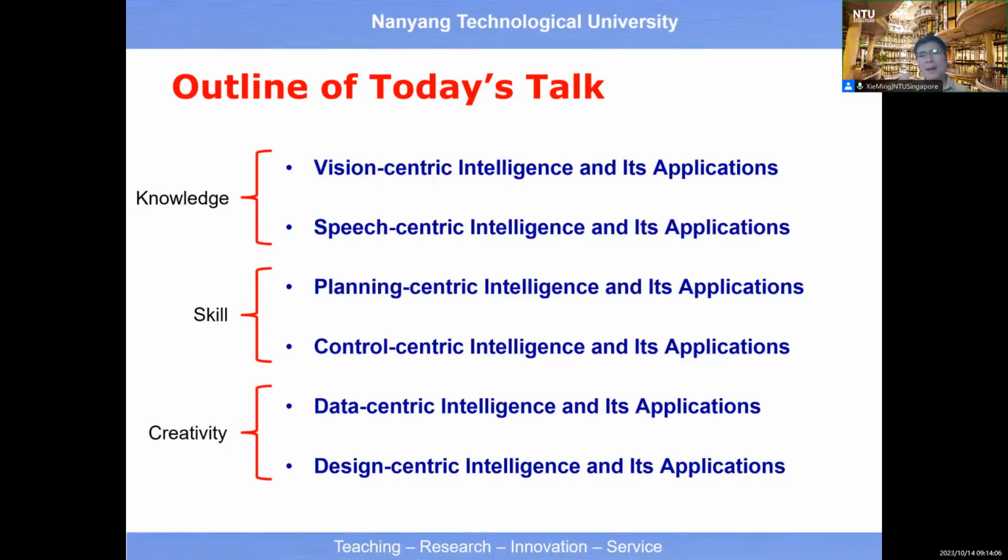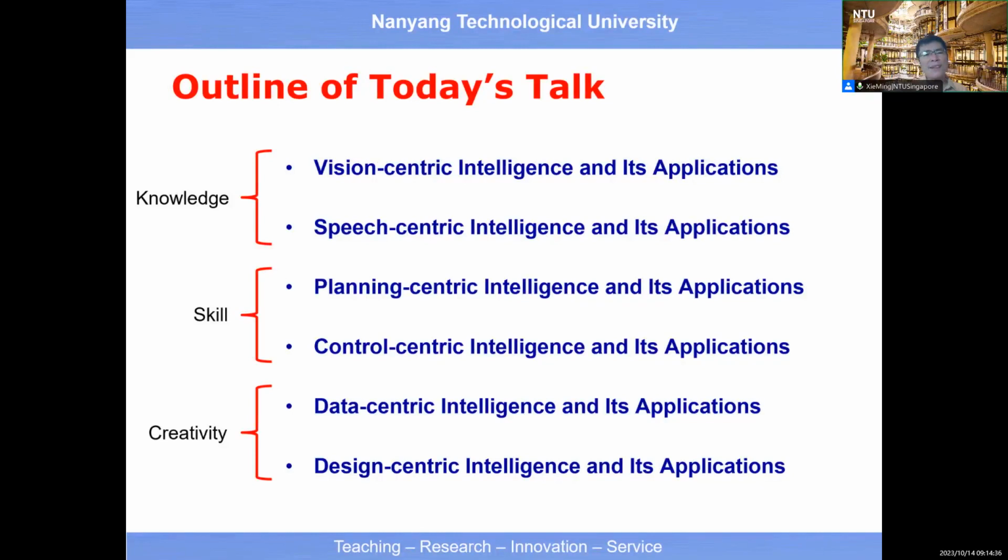Then among all the signals, you remember, the signal with the number 1 importance should be visual signal. And the signal with the number 2 importance should be audio signal, right? But of course, we have other types of signal. But here, I am just showing you examples of applications which make use of visual signal and audio signal, right?